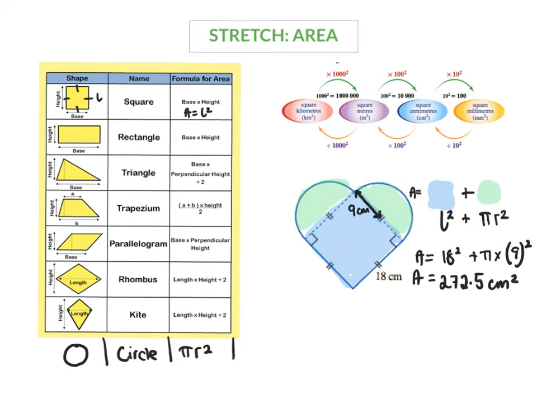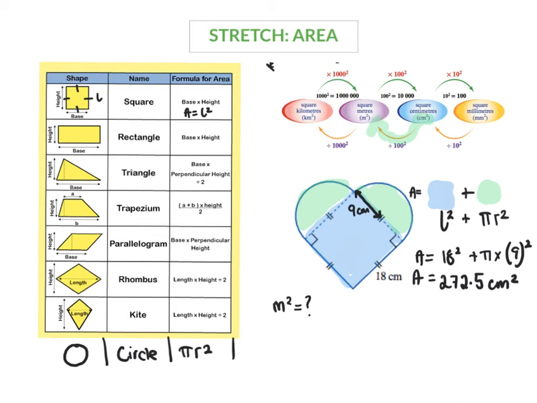So the flowchart up here might help you in case they want the answer in meters squared. So if you have a look at your flowchart, you're sitting in a centimeter squared answer, and you want to go to a meter squared answer, so you can divide by 100 squared.